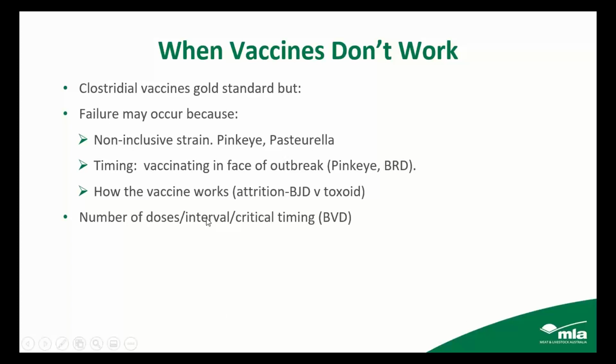In terms of interval, I think it's fair to say that most vaccines have really good immunity. So it's absolutely critical that you take notice of the minimum time period between vaccines that require 2 or more doses, but you can usually stretch the outer limit to quite some extent. So once you've given a priming dose, then for subsequent doses, provided they've met the minimum interval, the timing is not quite so critical.